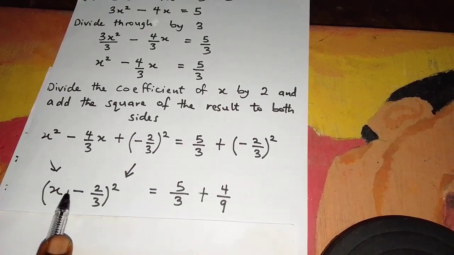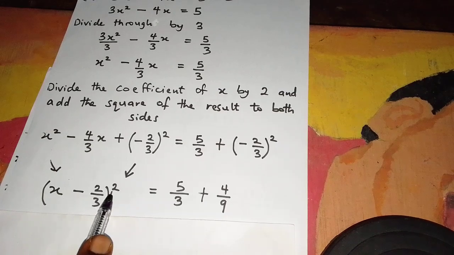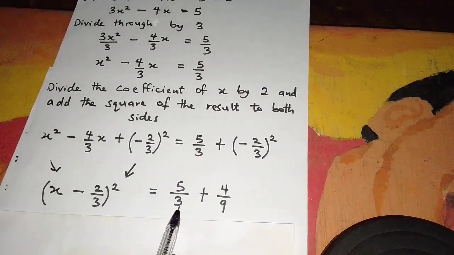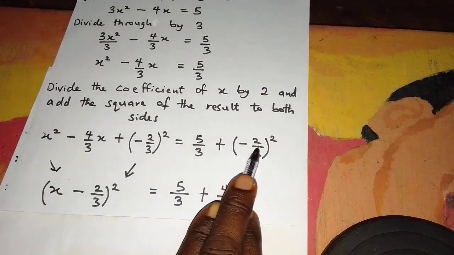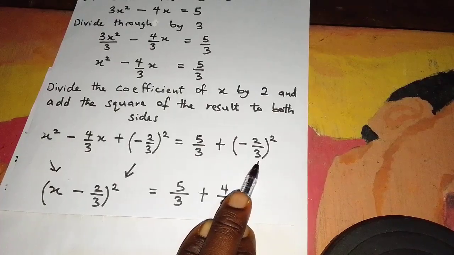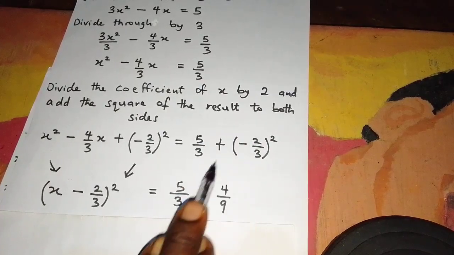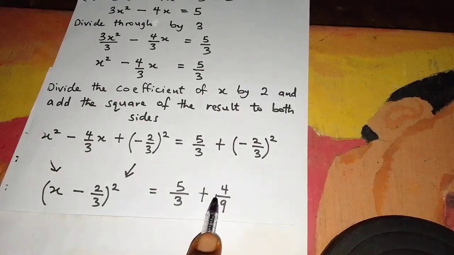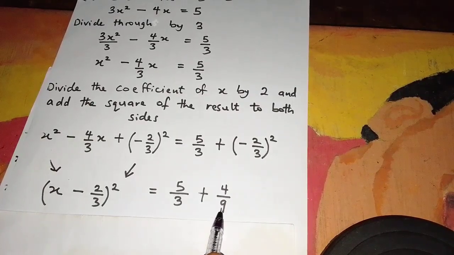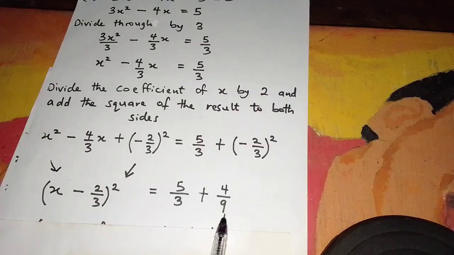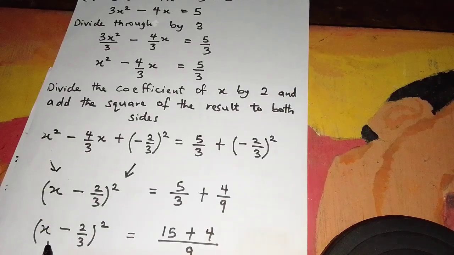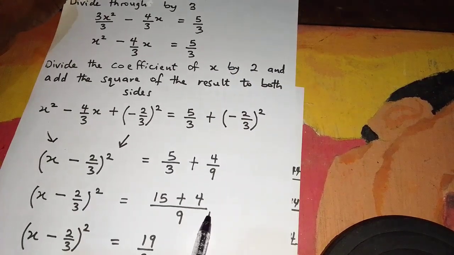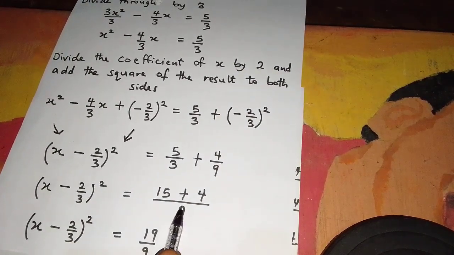So that means you now have x minus 2 over 3 squared is equal to 5 over 3 plus minus 2 over 3 times minus 2 over 3. Minus times minus will give us plus. 2 times 2 will give us 4, over 3 times 3 will give us 9. So now you have x minus 2 over 3 squared equals, then the LCM of 3 and 9 will give us 9.